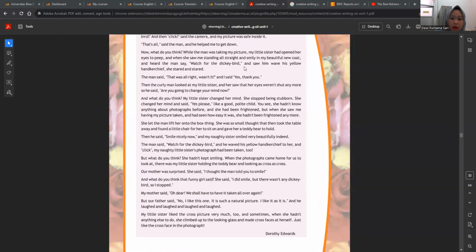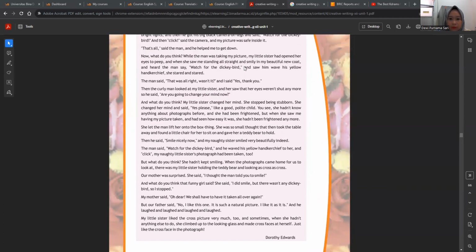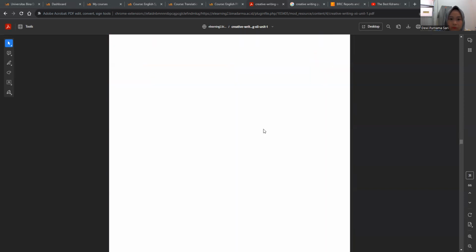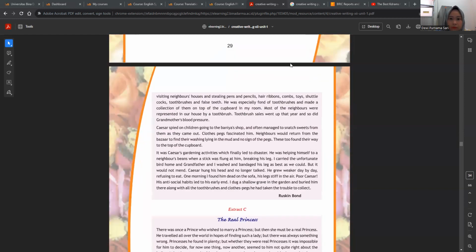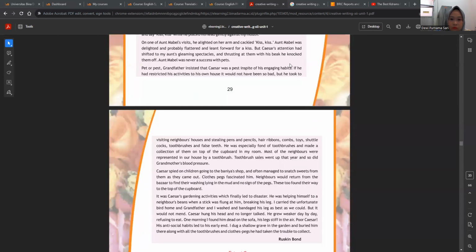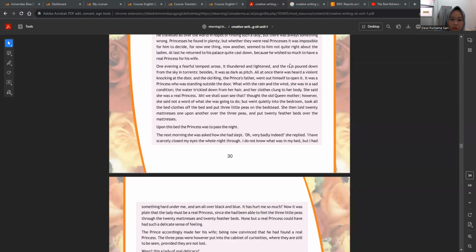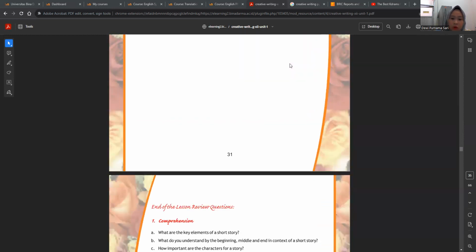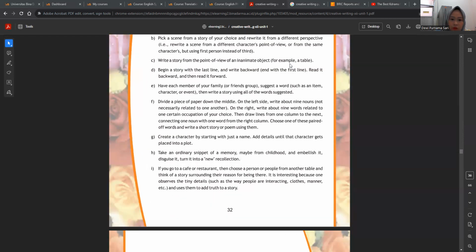Okay, let's see the example on the extract A. Sorry, it's quite late. It's actually very fun to write a short story, yeah, because okay, here.